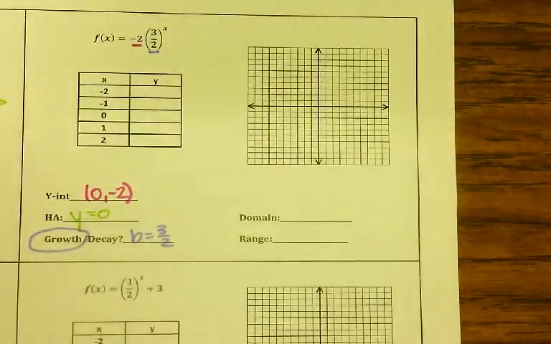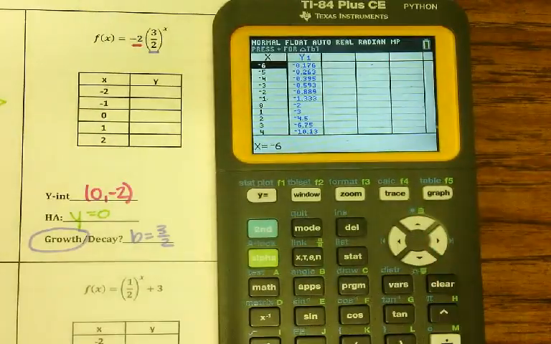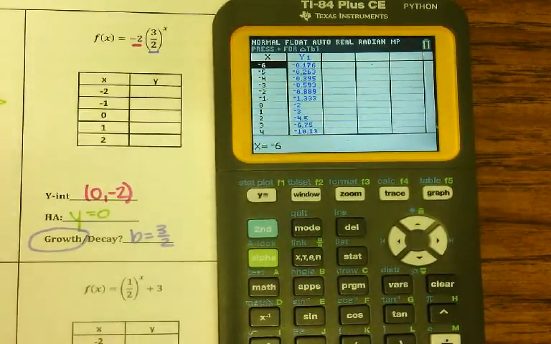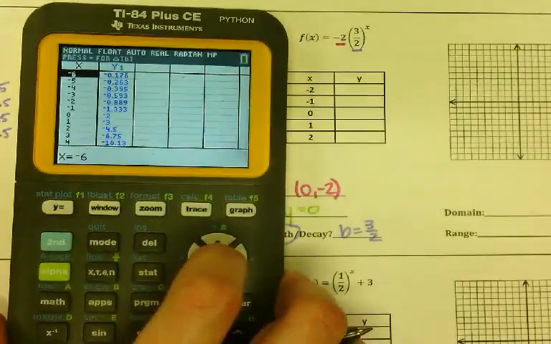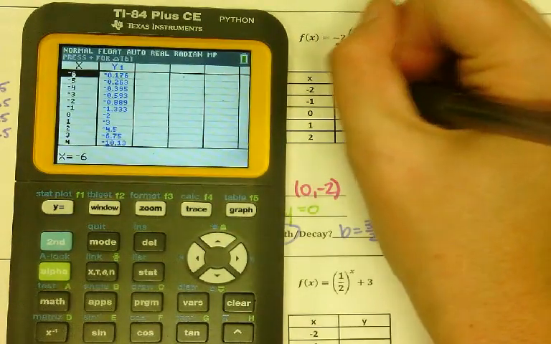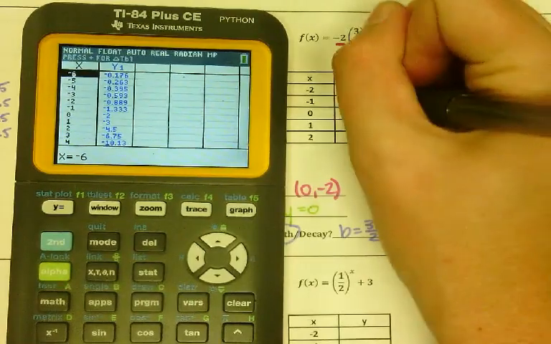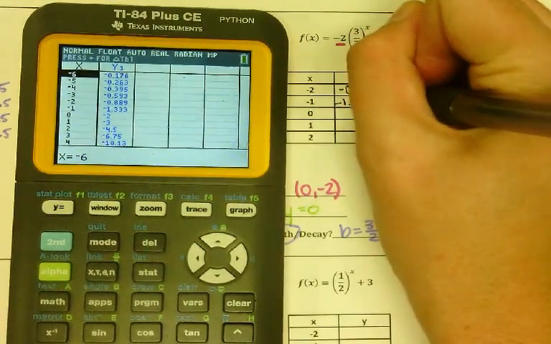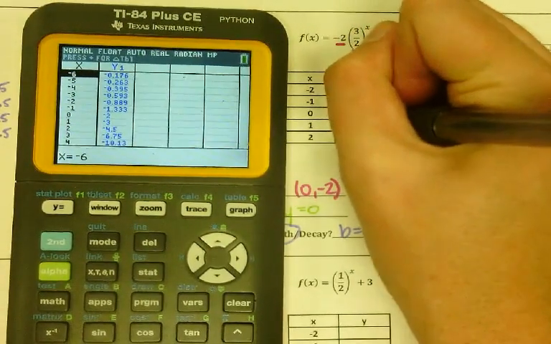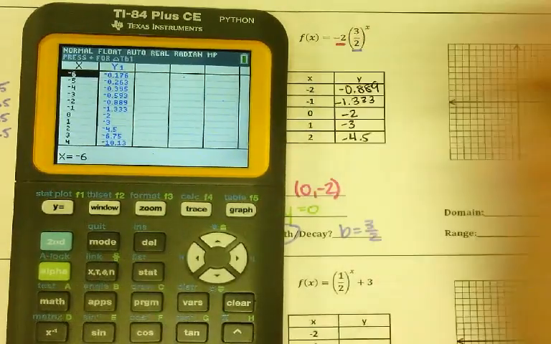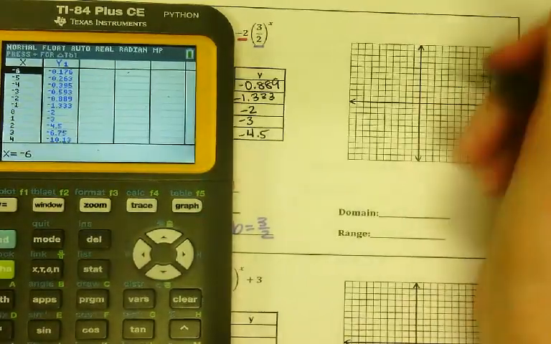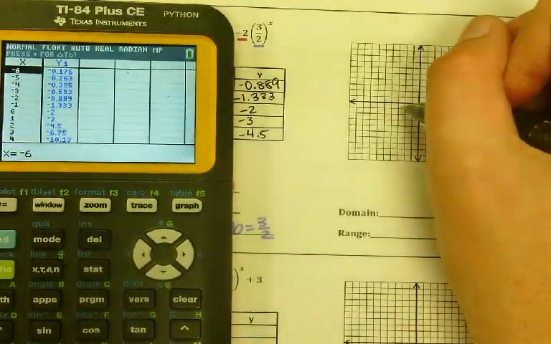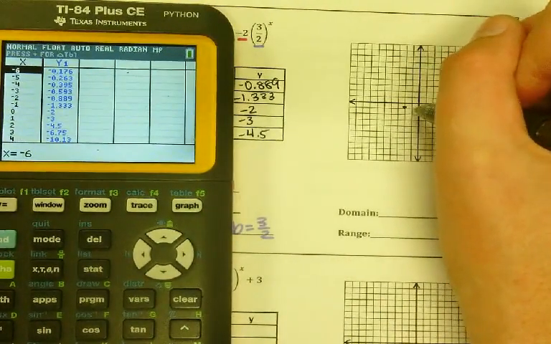All right, so let's go ahead and get some points out of our table. I'm going to fill these in. So that's negative, I'm going to go this way. -0.0889, -1.33, -2, -3, -4.5. So you notice we're growing rapidly negative, which is kind of weird. But let's go ahead and graph these little points.